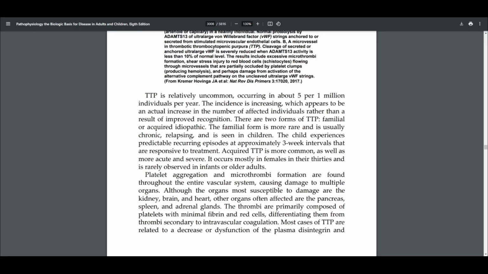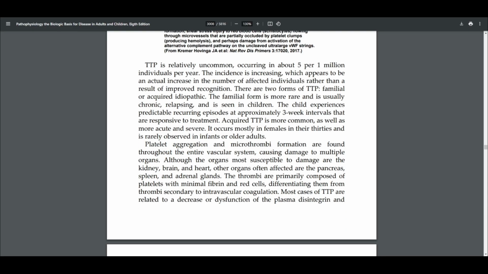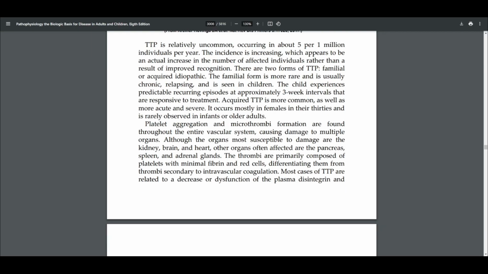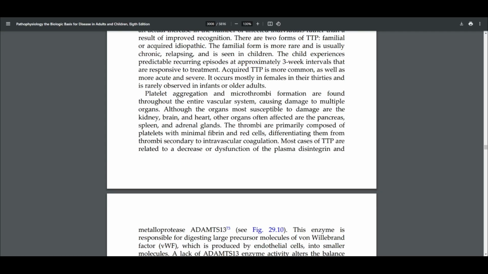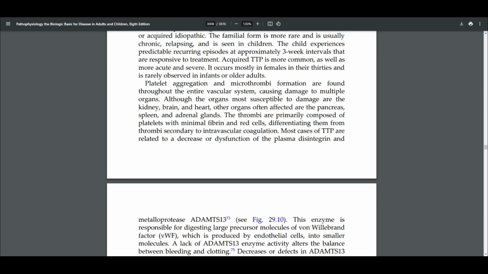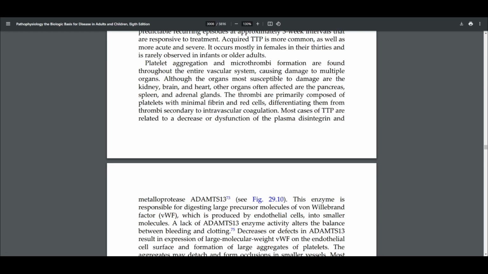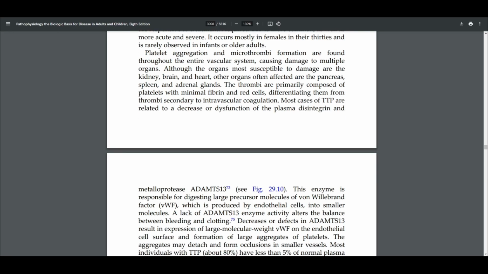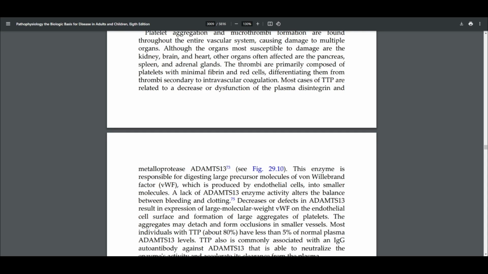Acquired TTP is more common as well as more acute and severe. It occurs mostly in females in their 30s and is rarely observed in infants or older adults. Platelet aggregation and microthrombi formation are found throughout the entire vascular system, causing damage to multiple organs. Although the organs most susceptible to damage are the kidney, brain, and heart, often affected are the pancreas, spleen, and adrenal glands.